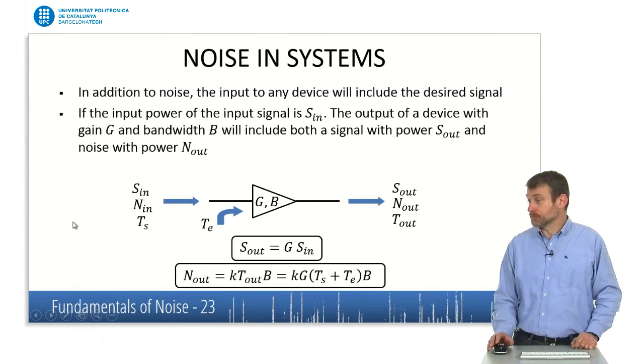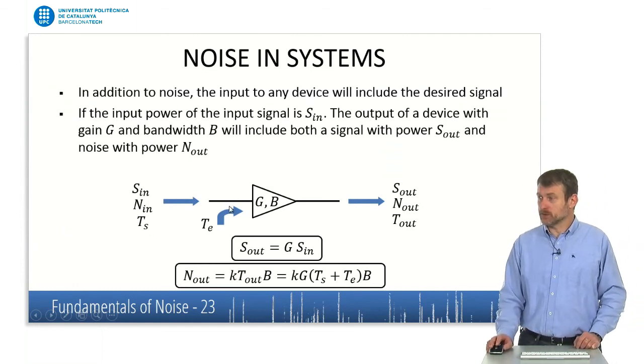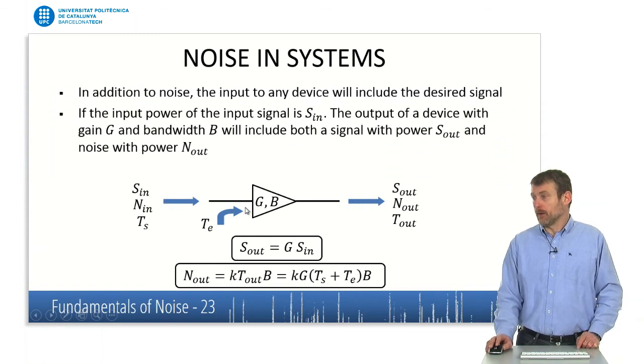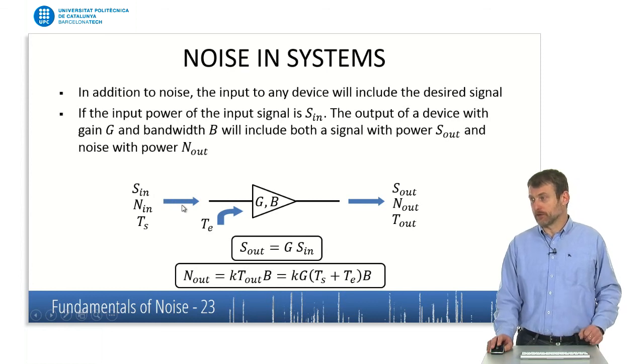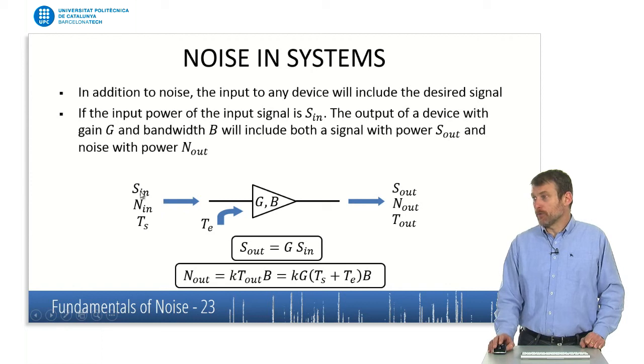Now, in our communication system, our receiver will have to process an input signal, and it will also pick up some noise from the antenna or whatever source our receiver is connected to. So both the signal and noise at the input will be translated at the output, right?